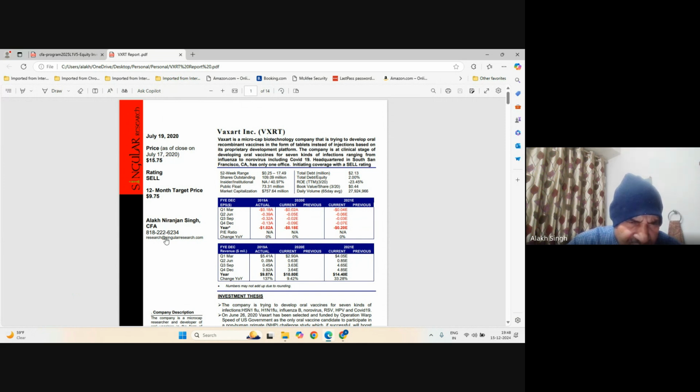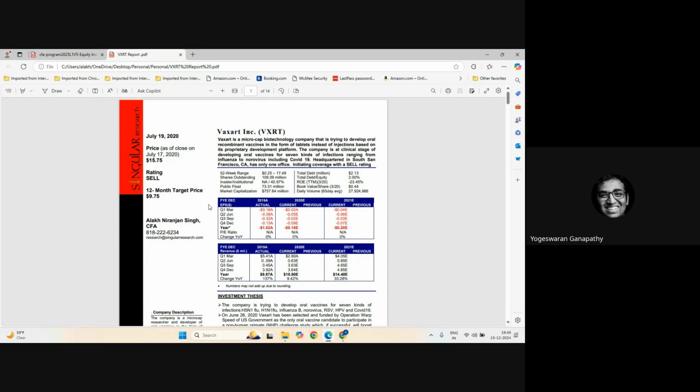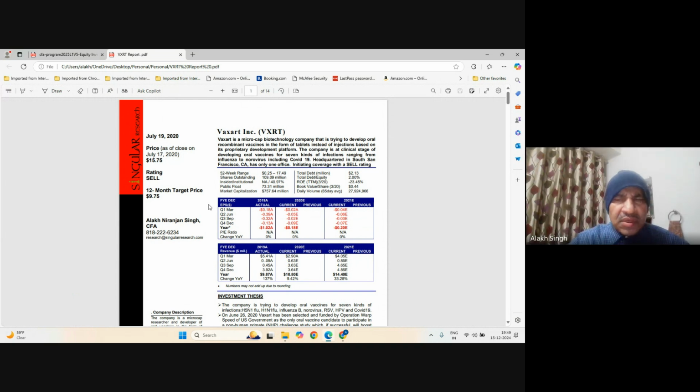Alakh Niranjan Singh, CFA, that was my official email address, and official phone number as well. So the 12-month target price at the end of the 12th month should be 9.75. That is the ideal or estimated price, the intrinsic value.